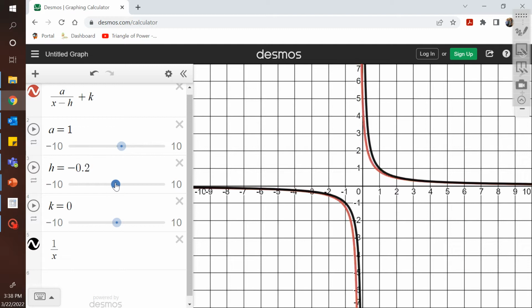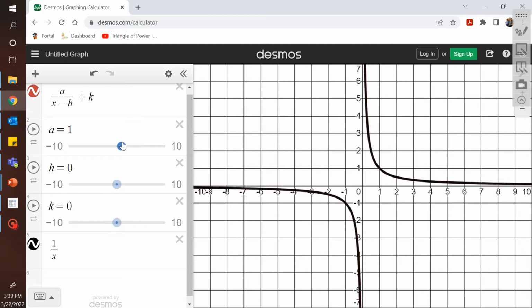If I move the K value, so I go down to K, you can see this moves the graph up and down. Okay, you can see the horizontal asymptote is being moved up and down according to the different K values. So when K is 1, well, now the horizontal asymptote is at 1.